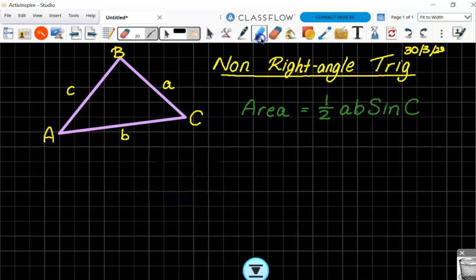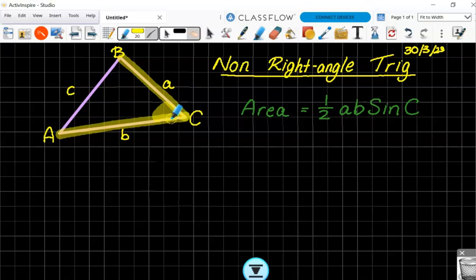What do all these A, B, C's mean? Well, let's have a look. When we've got a and b, and then we've got the angle C. Where's your angle C? Right there in the middle.